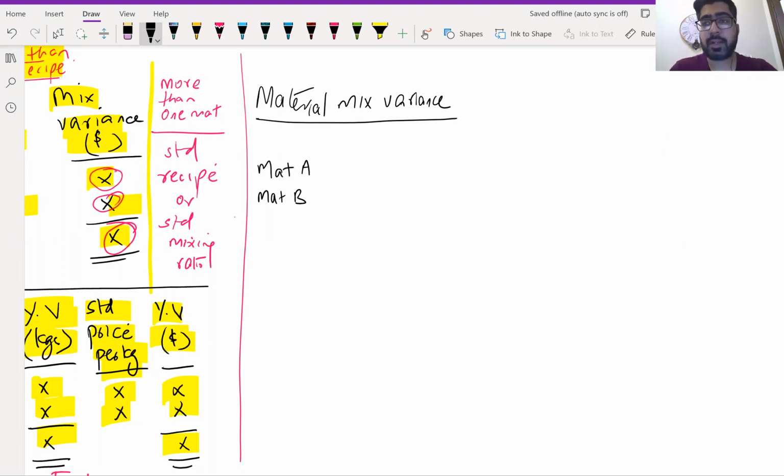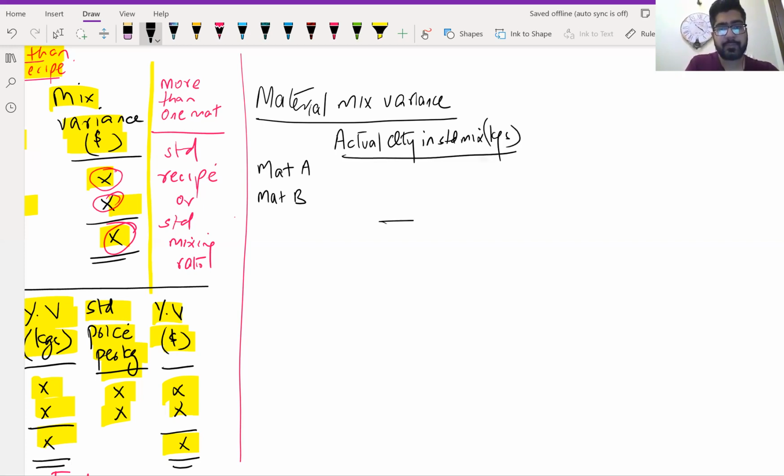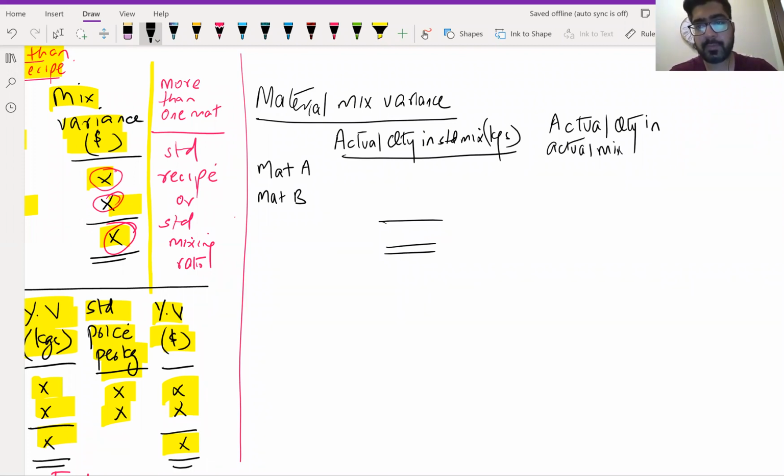And I should learn the format of mix variance, because that will be an important thing. The first column in material mix variance is actual quantity in standard mix kgs. Then the second column is actual quantity in actual mix kgs.